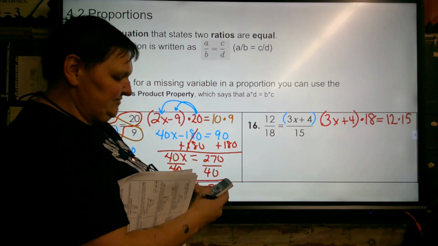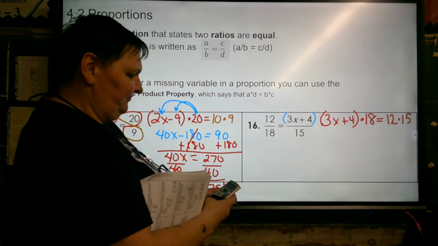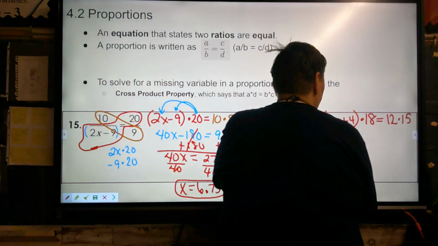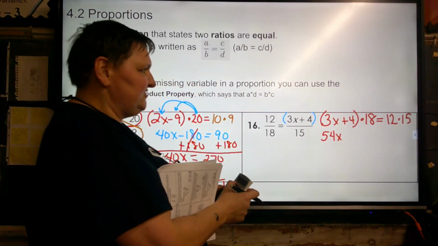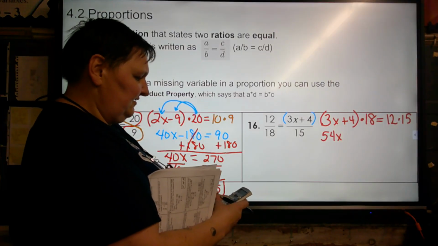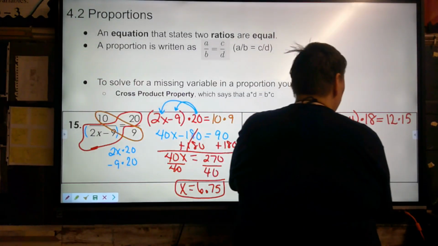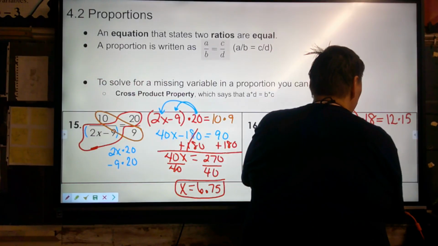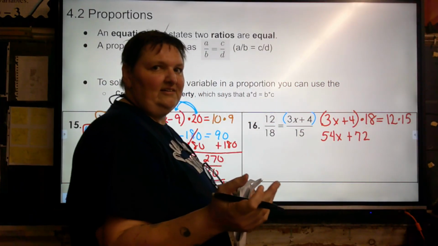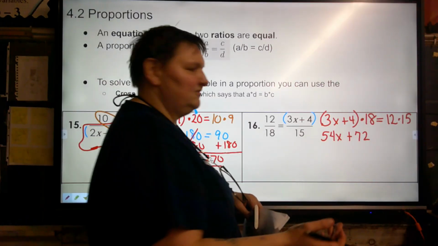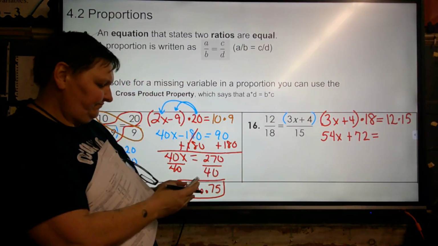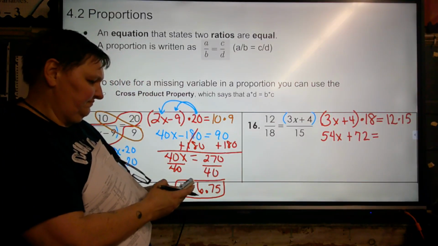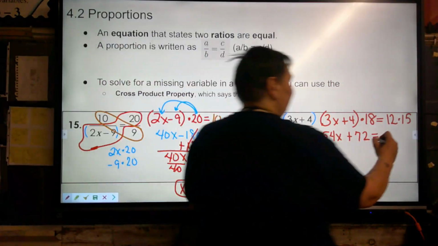What is 3 times 18? 54. So we have 54x, and then we have 4 times 18, which is 72, positive 72. Don't forget your positive sign. And then we have 12 times 15, 180.